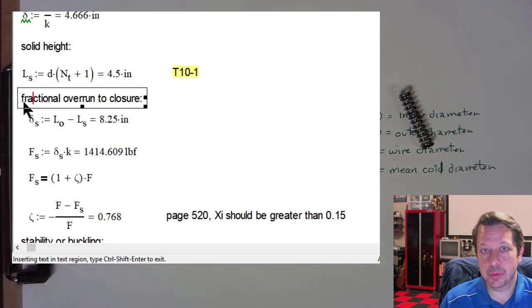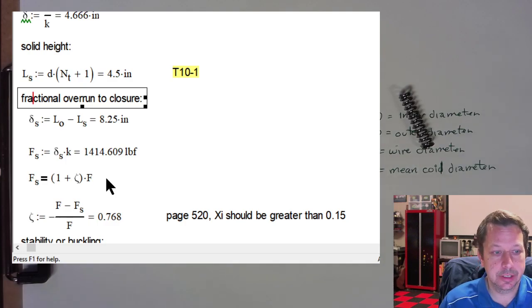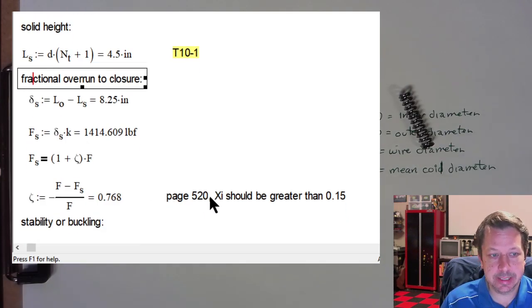There might be some case where you want to close the spring totally, get all the coils touching, but that is typically not what you want to do. And so this is going to tell you what percent you have left to be able to squish. So again, page 520 has a guideline on this.